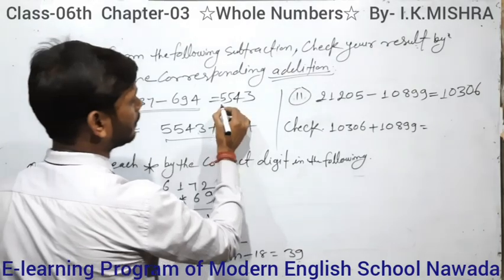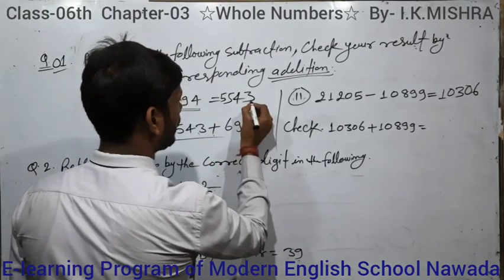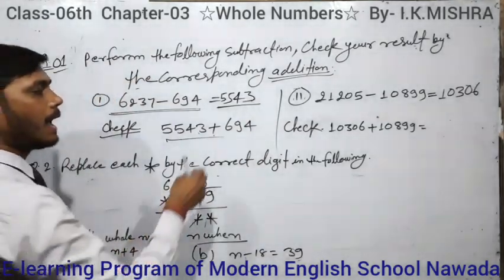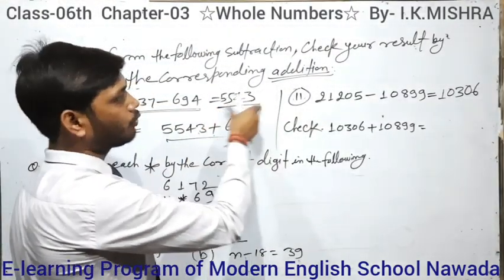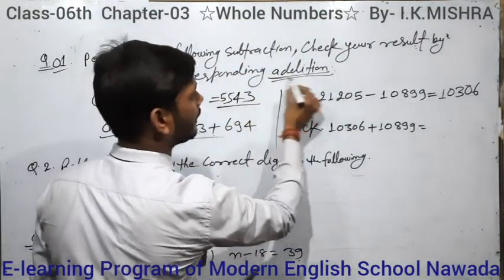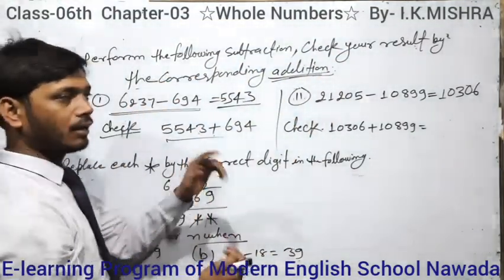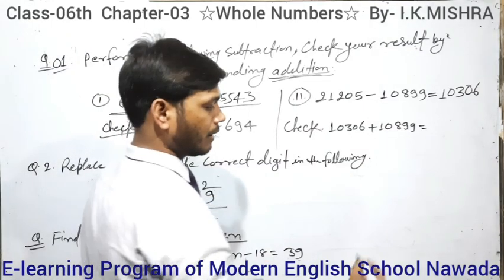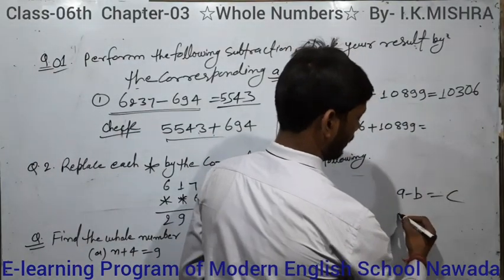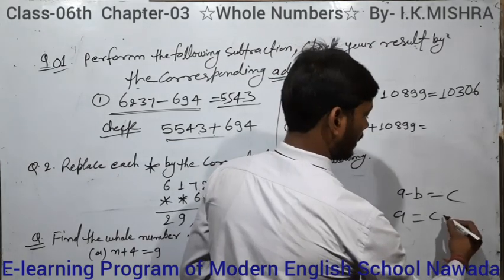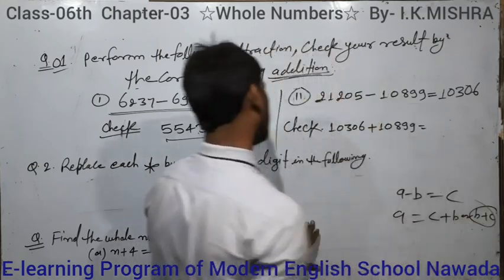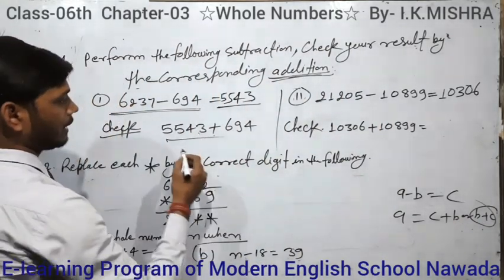When you subtract it, you will get 5543, and you have to check your result by the corresponding addition. That means here the property is, if a minus b is equal to c, then a equal to c plus b or b plus c. Here we use this property.